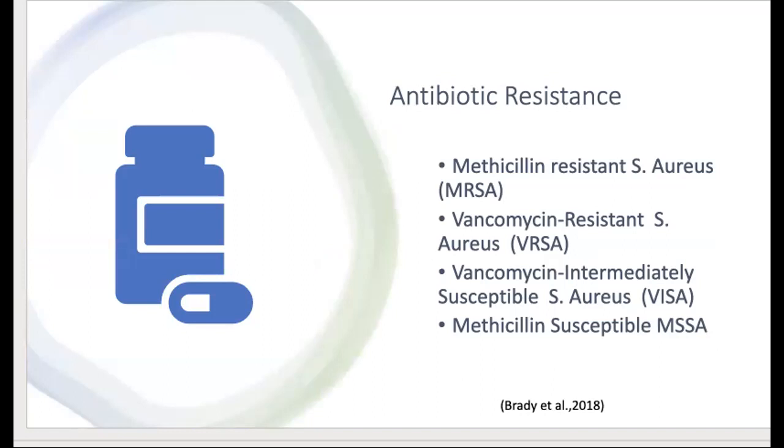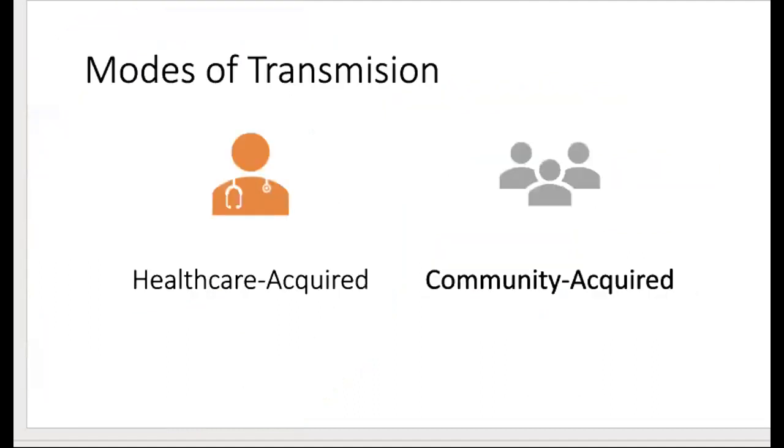And then there's methicillin-susceptible S. aureus. So those two at the bottom that were susceptible are not resistant, but they're put into categories to be able to target the type of antibiotic that you choose when treating these infections.